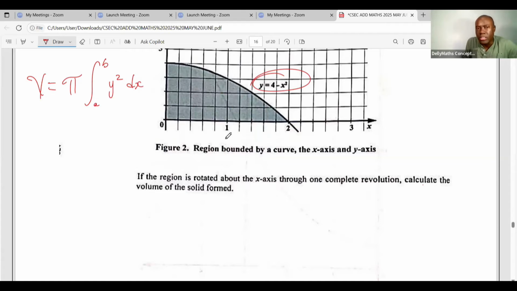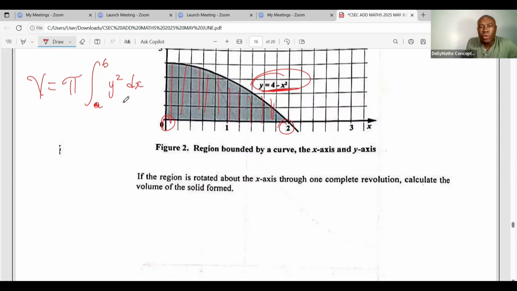That's like our radius, the radius that's changing at different places. So what we have to do here is find y squared, which is our function. We want to square that, and then integrate from 0 to 2, because those would be our limits from a to b.